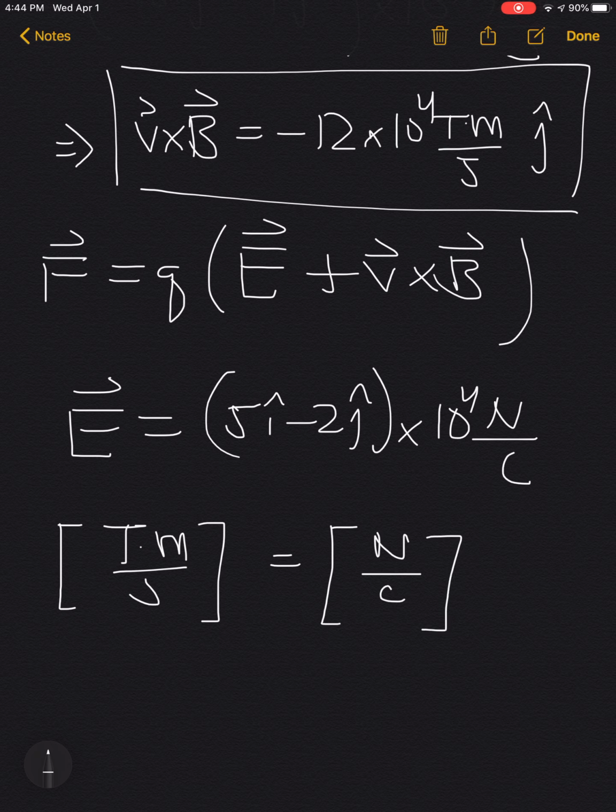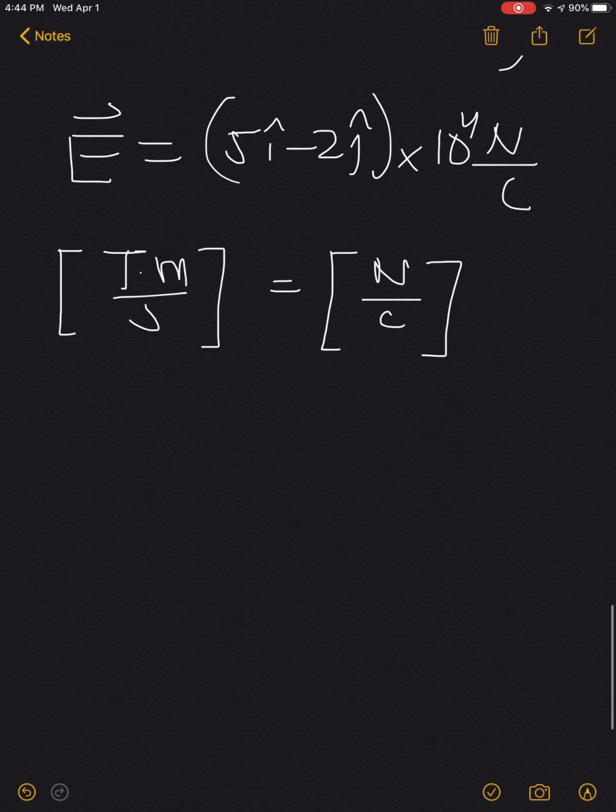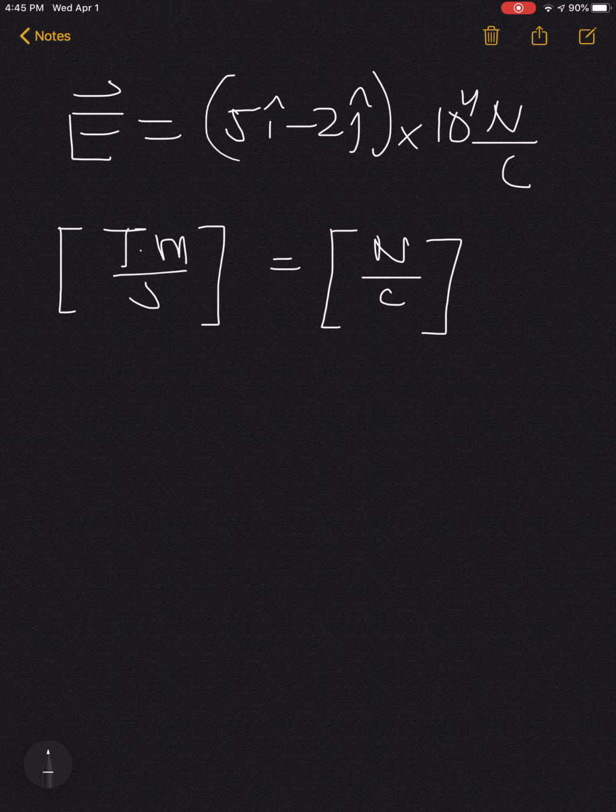So we're just going to go with newtons per coulomb because that's a more compact notation for the expressions we're going to have here. So now our goal is to add these two things together.